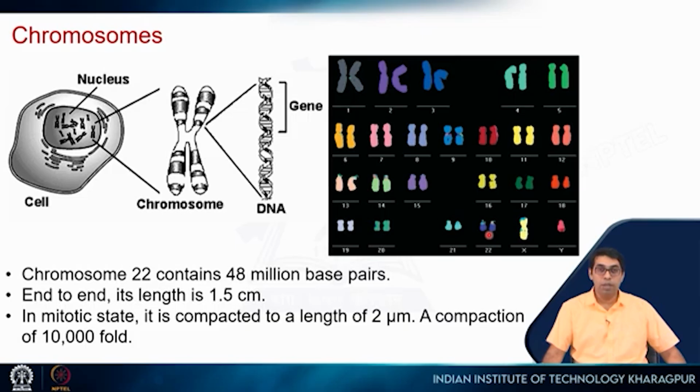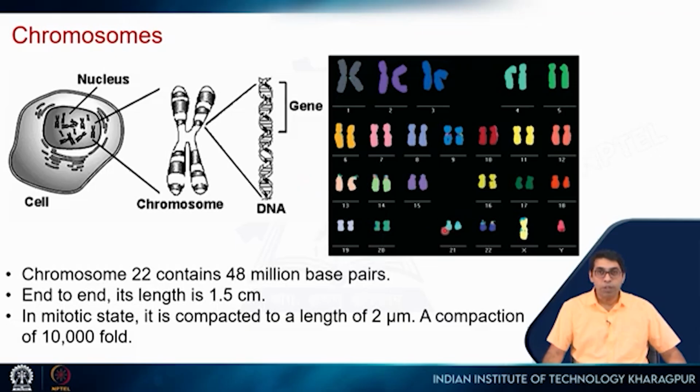It turns out that one comes from each parent. The sex chromosomes are different, one is X, the other one is Y. If an individual has both X chromosomes, that will be a female. If one is X and one is Y, that will be a male. I will discuss this in more detail in the third lecture.